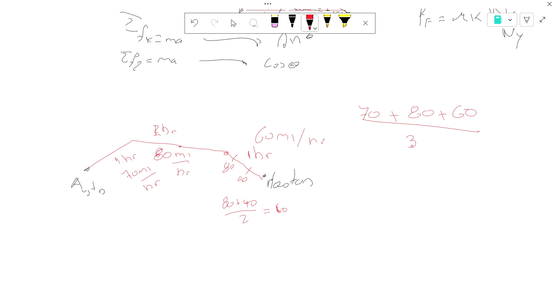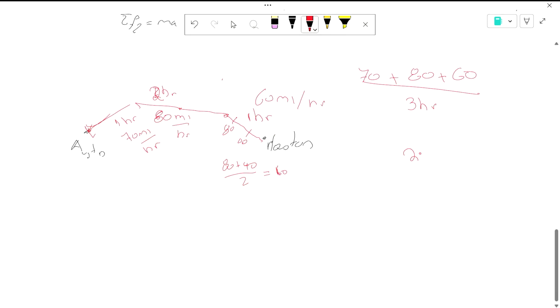Right? And it's very simple because 60 and 80 is 140, and then 140 and 70 is 210 miles per hour divided by 3 paths or 3 ranges is equal to 70 miles per hour.